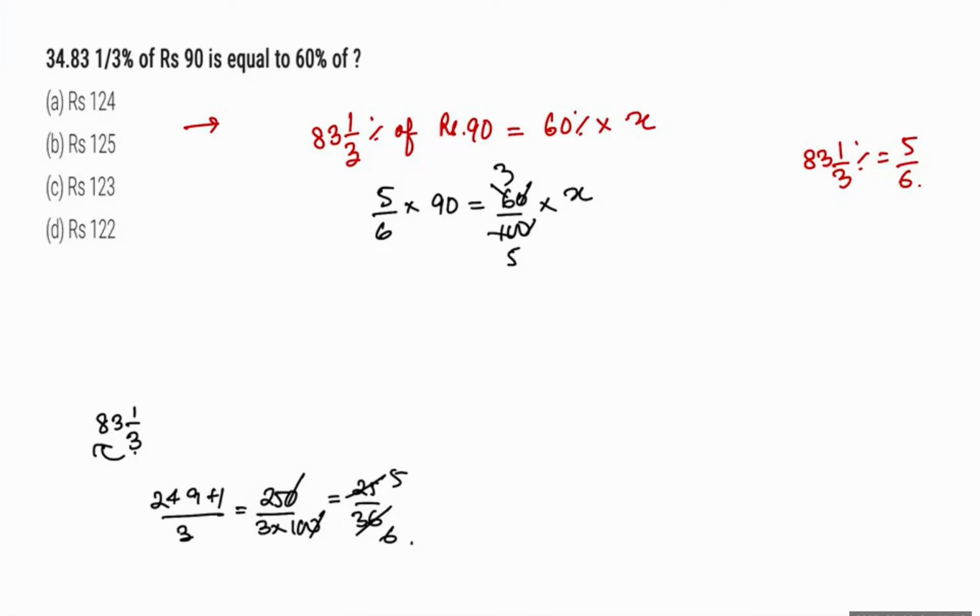So 5 by 6 into 90 into 5 by 3, that is the answer. 3 30 is 90, so X is equal to 125.